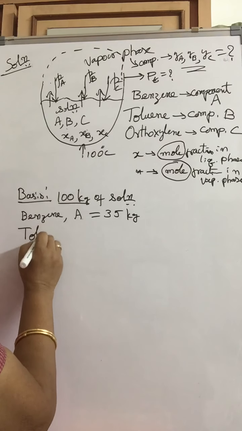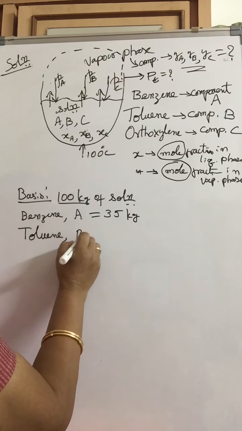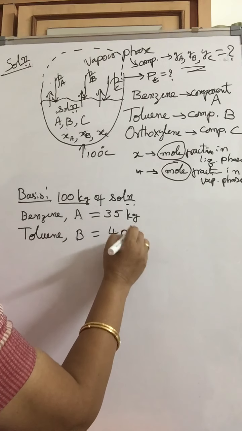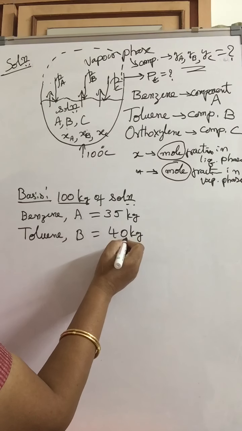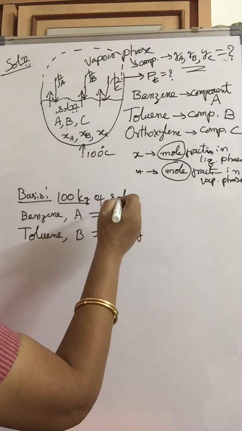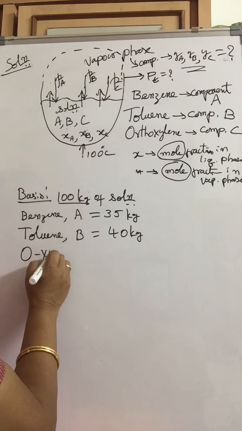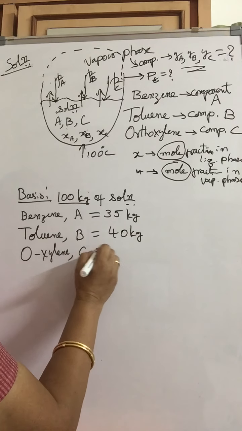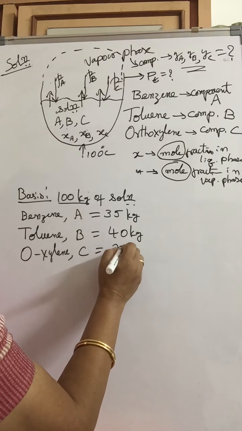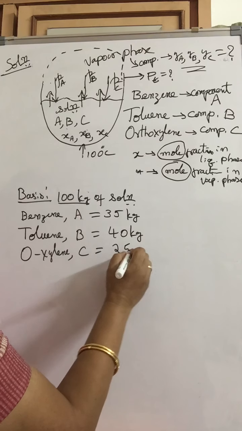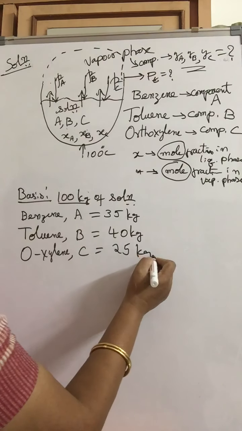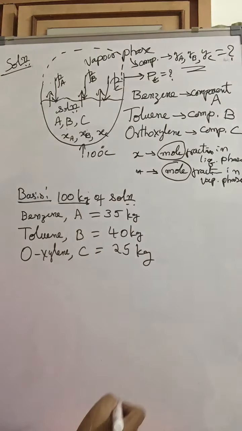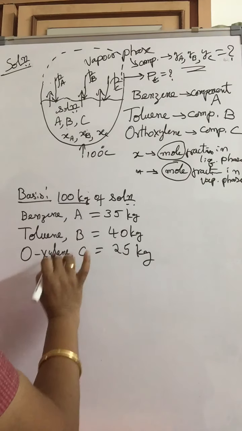Then toluene is equal to 40 kg. It is given that toluene is 40%, that means 40 kg out of 100 kg. Then o-xylene, C, is 25 kg out of 100 kg. Okay.